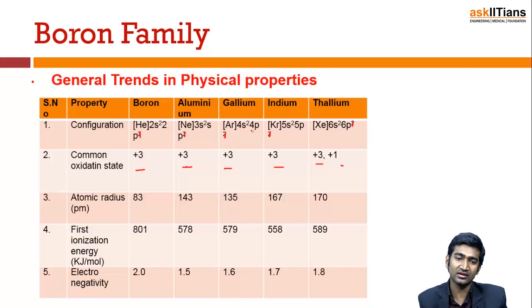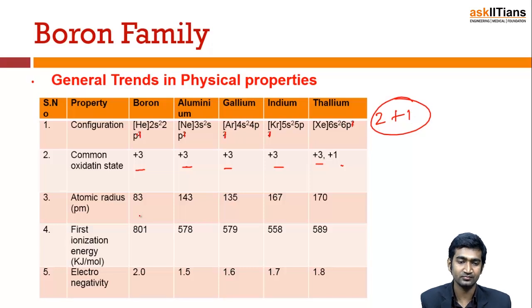That means 2 in the s and 1 in the p, so that adds up, 2 + 1, right? That's why +3. And in thallium, what is happening? The s electrons are very close to the nucleus, but the p is at the outside. So that's why it can show +1 also. That is the point here.